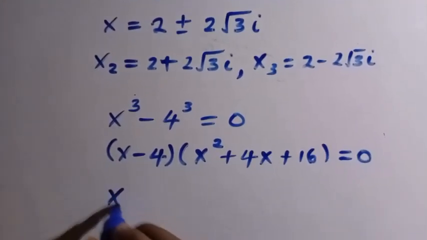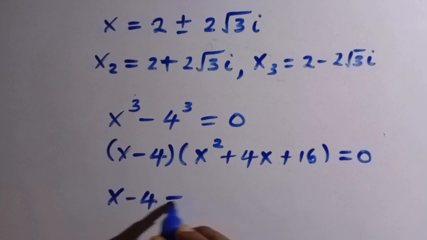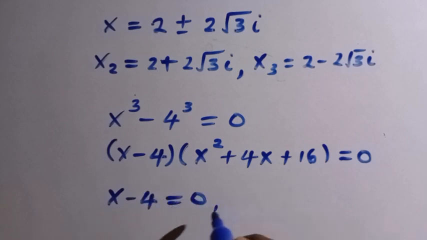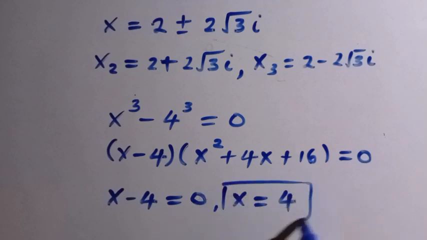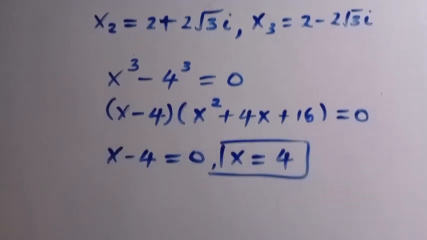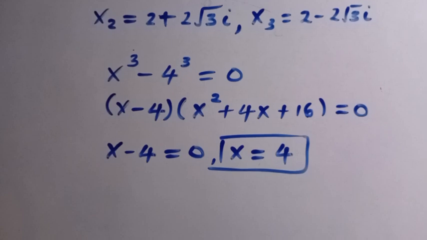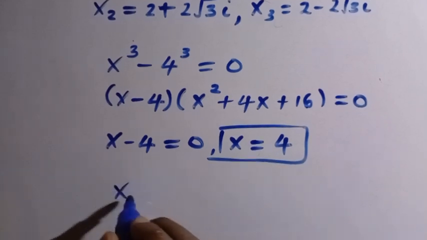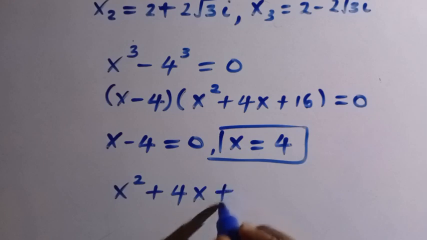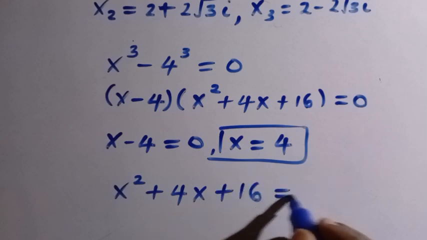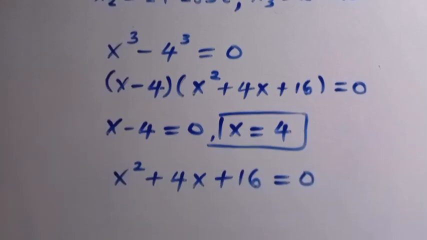Then we are going to let x minus 4 equals 0, which we consider as x equals 4. So this is root number 4, and also we have x squared plus 4x plus 16 equals 0.